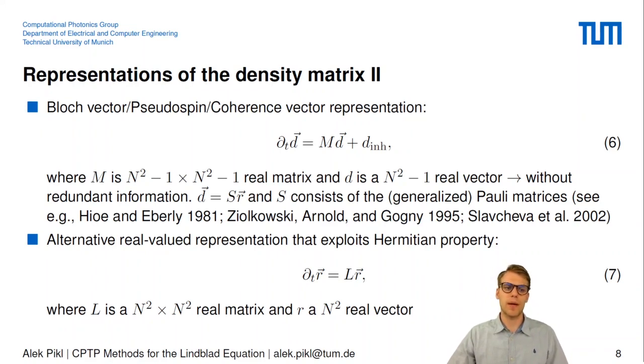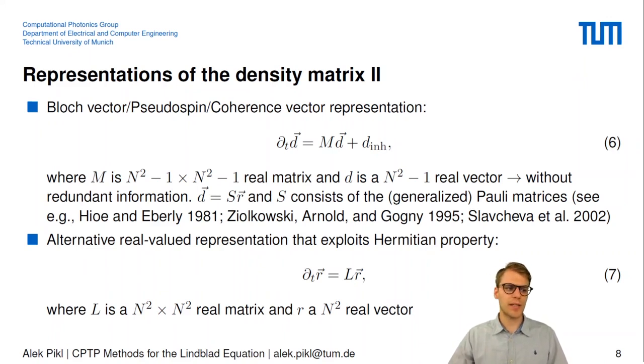Plus, we now have a real vector instead of a complex vector, as was the case with the Liouville space. We can construct such a representation by using the generalized Gell-Mann matrices, but I'm not going to go into depth on how to construct such a representation right now.